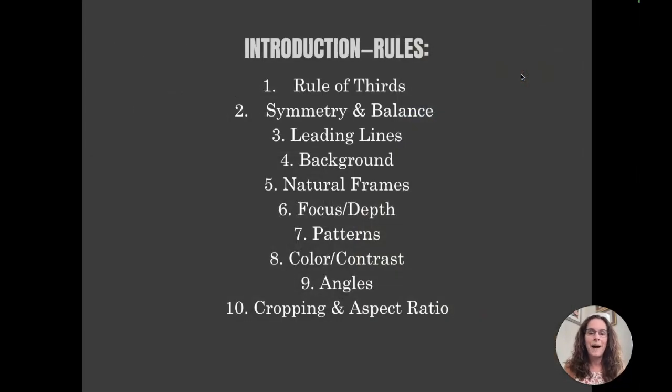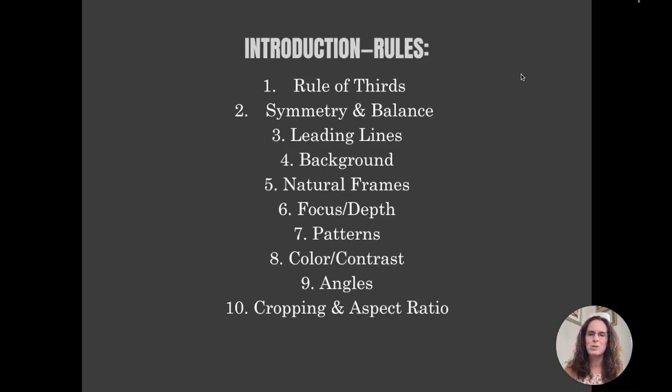So these are my list of rules for composition. There are many, and different artists and photographers will have different lists, but I think these encompass at least the majority of the ideas behind composition. These are the 10 that we're going to talk about briefly today. I'm not going to get into a lot of nitty-gritty details about each one. I could have a 30-minute lesson on each one of these.